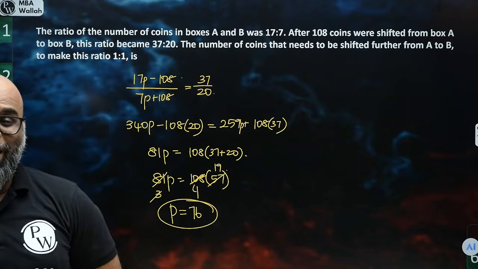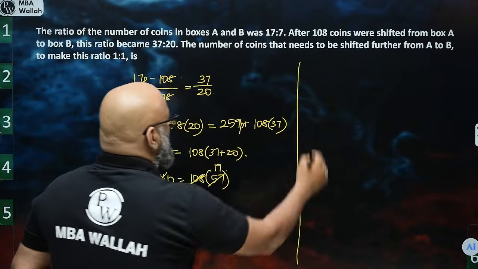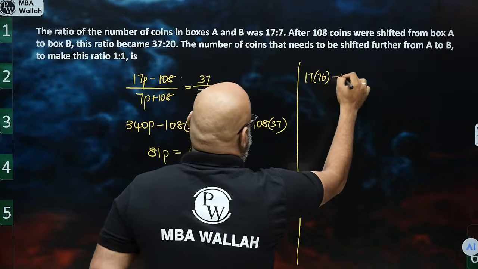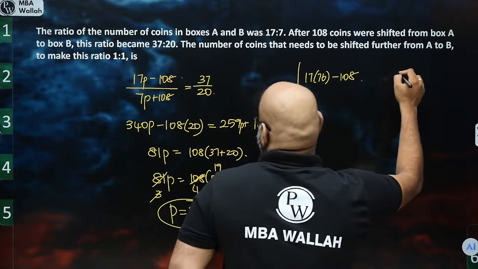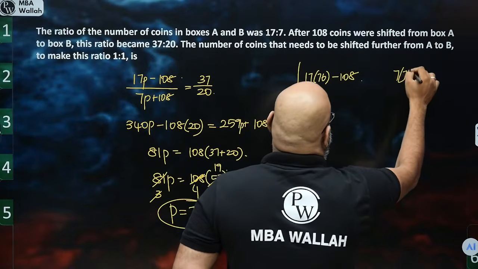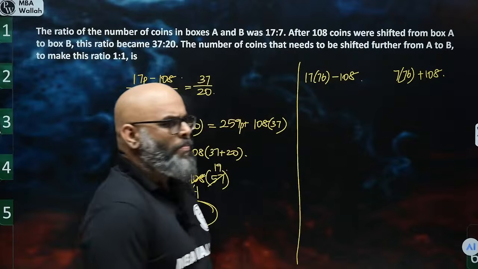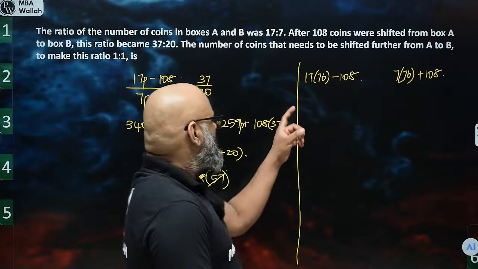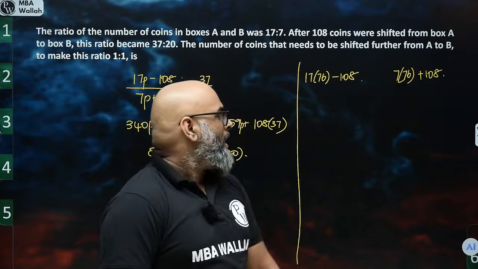But the job is only half done. So the initial state was 17 into 76. But then 108 coins were removed from here. Here it was 7 into 76, plus 108 coins. But once again, I don't want to multiply this because I can equate them and simplify it rather than spending time with the multiplication.